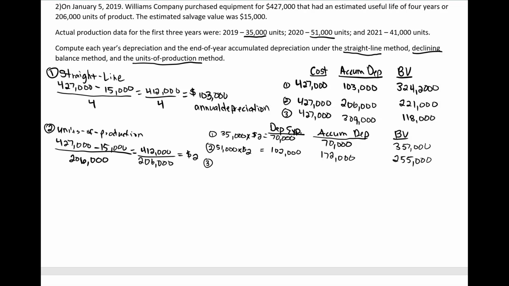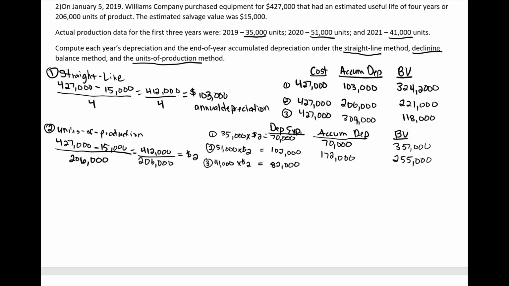In year 3, they produced 41,000 units. Take the 41,000, multiply it by $2, the per unit depreciation, and that is 82,000.